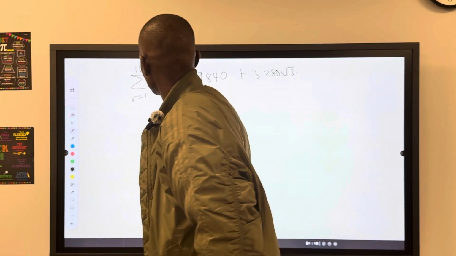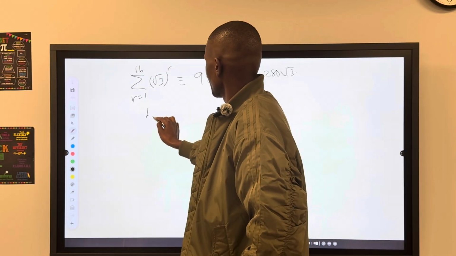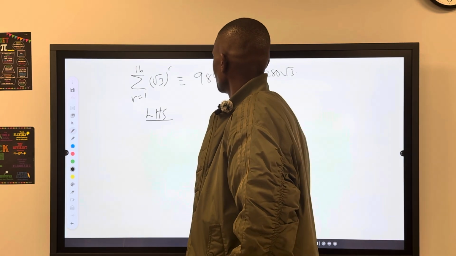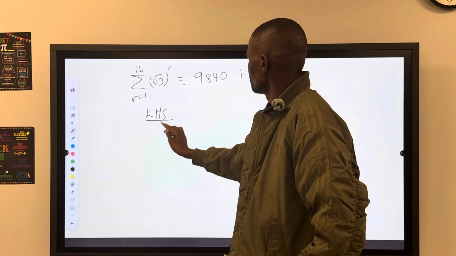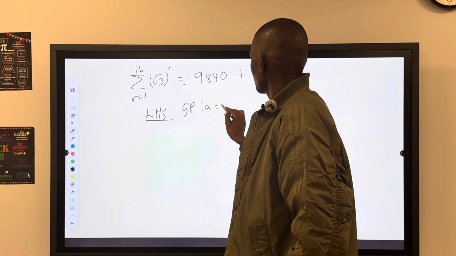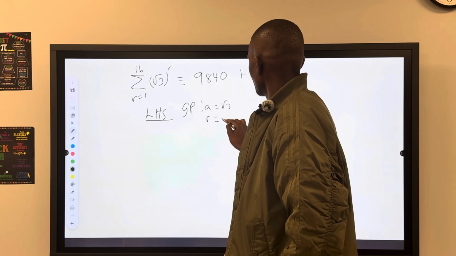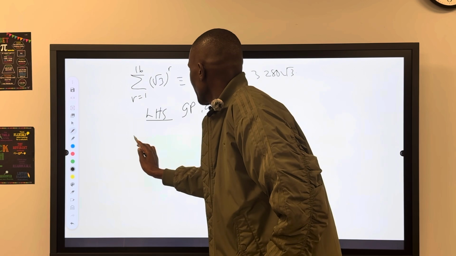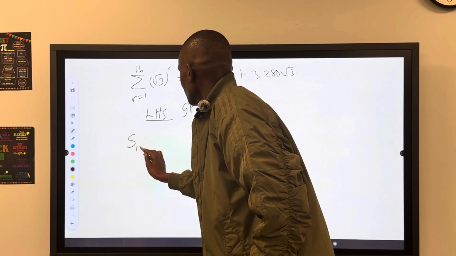Right, so let's deal with the left-hand side. Like I said, the left-hand side is a GP with a equal to root of 3 and r equal to root of 3. So we want to find the sum of 16 terms, right?